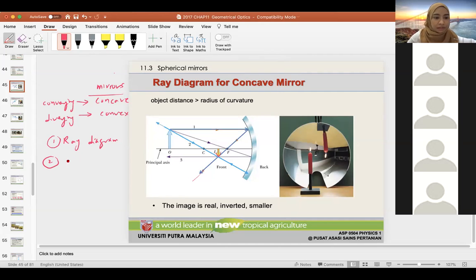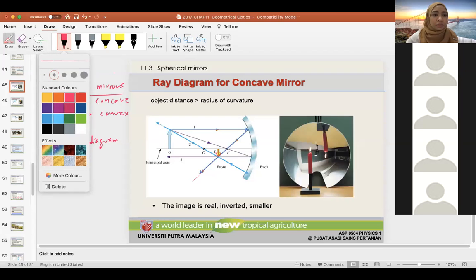You had ray diagrams and equations. So for the ray diagram, for both convex and concave, the technique is the same. You had two rays that you needed to remember how to draw.